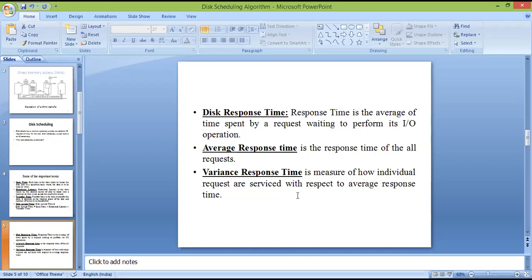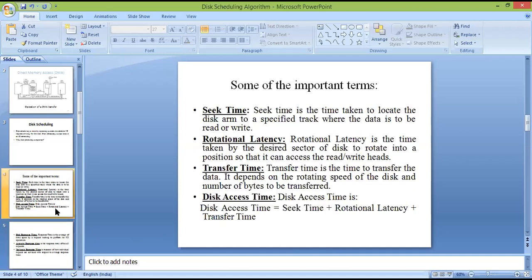And variance in response time is the measure of how individual requests are serviced with respect to the average response time. Among all these times, we require only seek time and transfer time. Okay, both definitions are clear: seek time and transfer time.